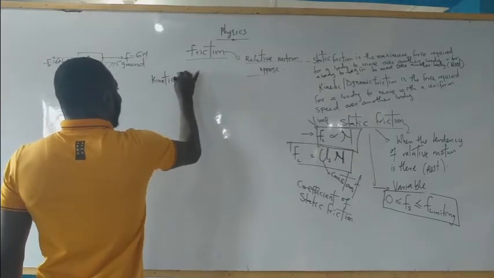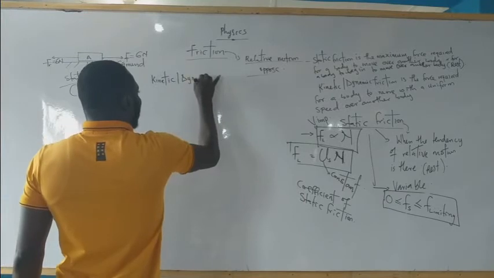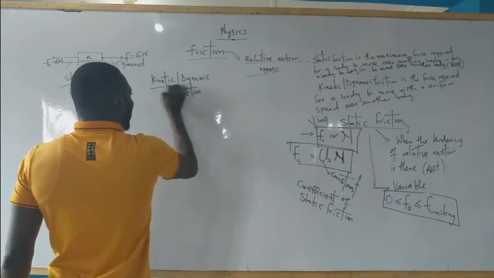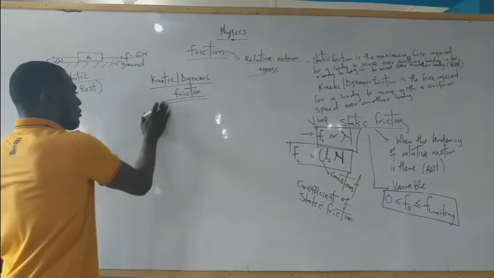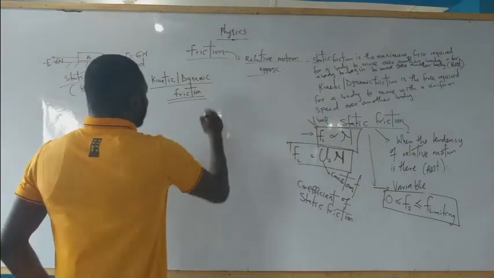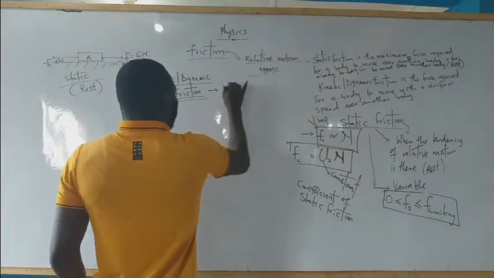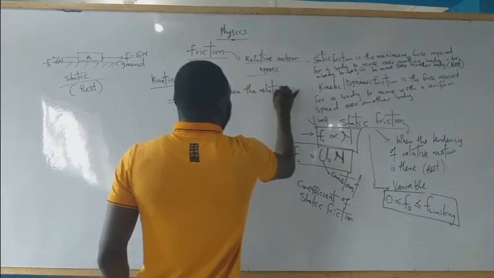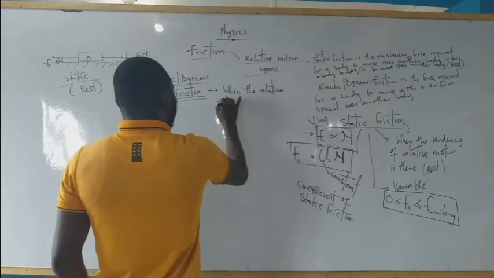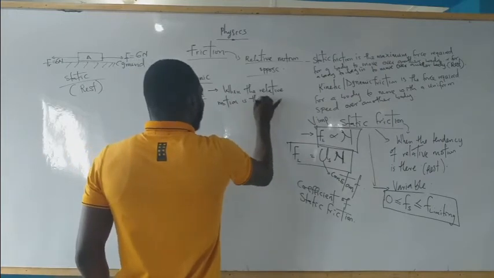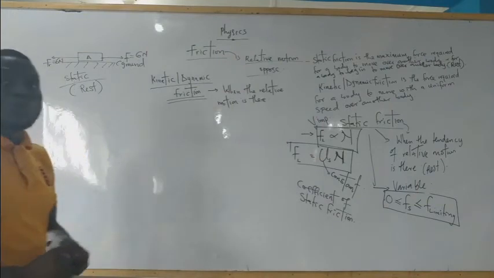Kinetic or dynamic friction. This is when the relative motion is there.